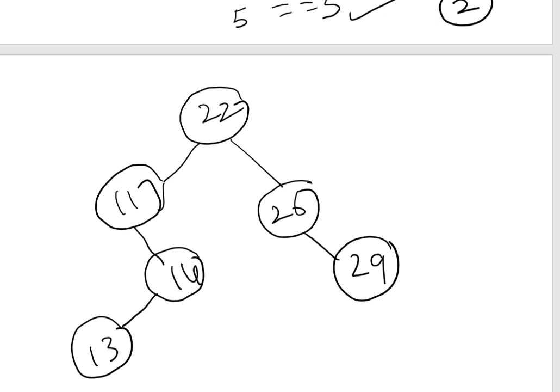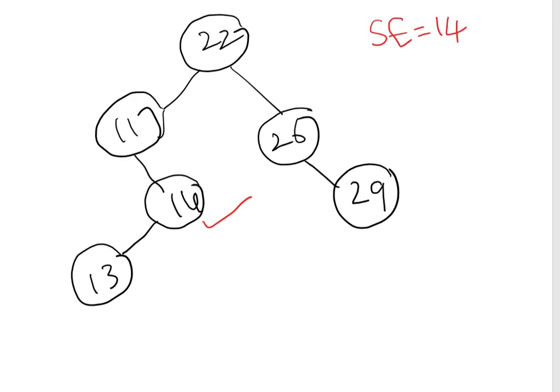Now I want to search. Search element is 14. What to do now? 14 is compared with what? 22. Lesser or greater? Lesser. So we will not search the right subtree.